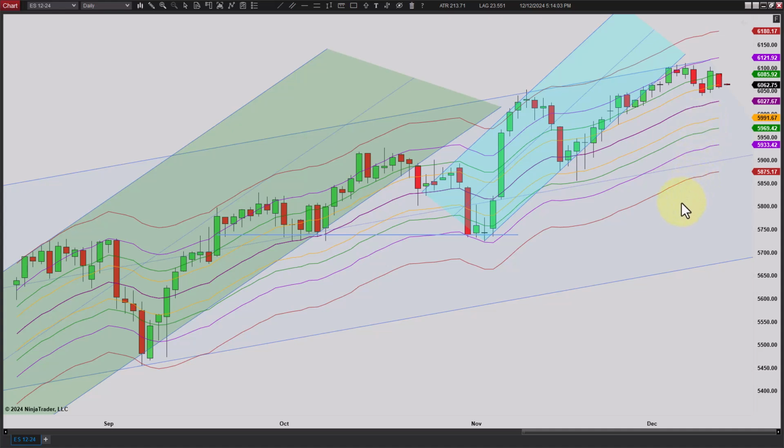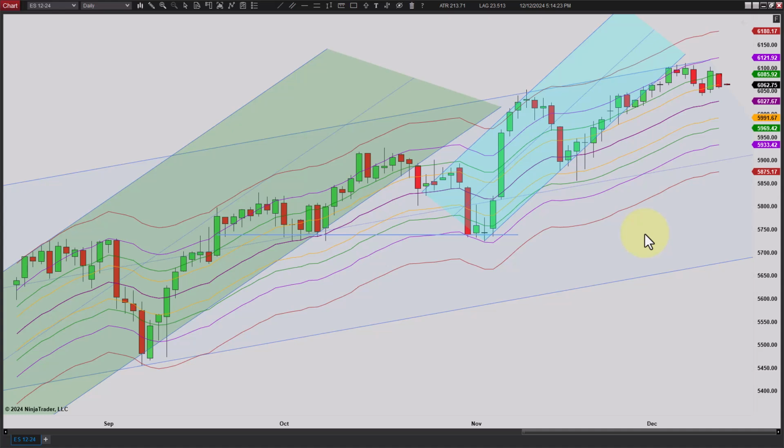It looked like we were going to have a range day, but prices broke lower, and there was a gap on the chart, and prices did go up and fill that gap, and lo and behold, where was the high of the day? Right at that overnight high, where that gap was from where we closed yesterday.